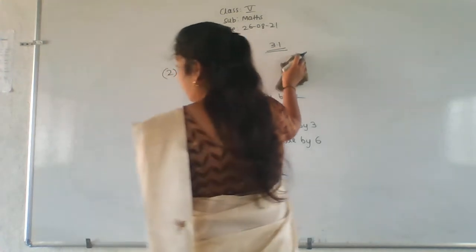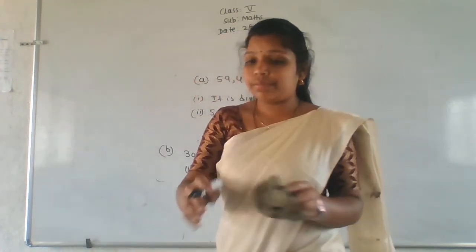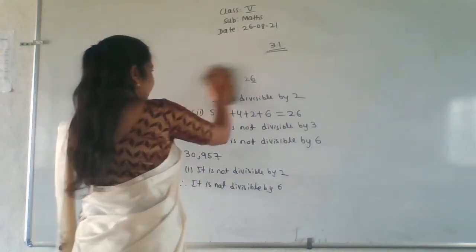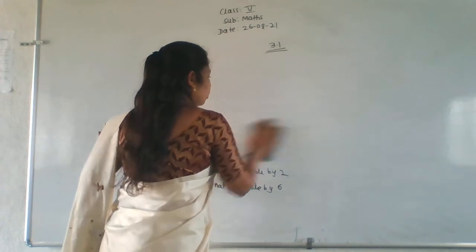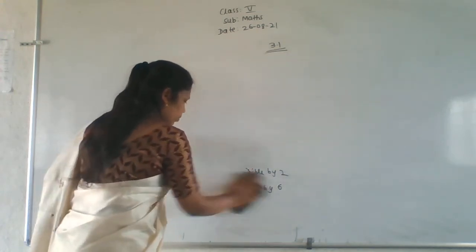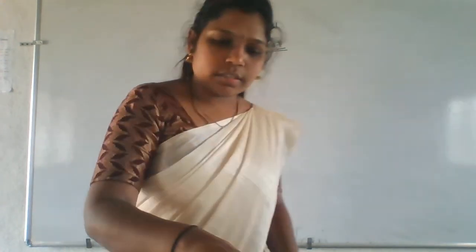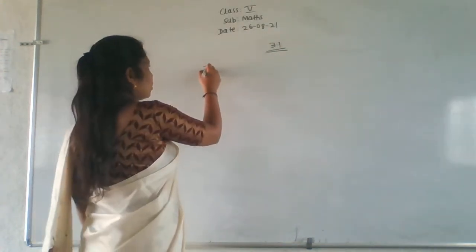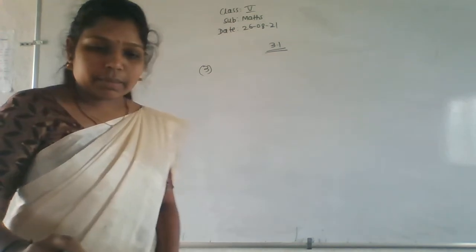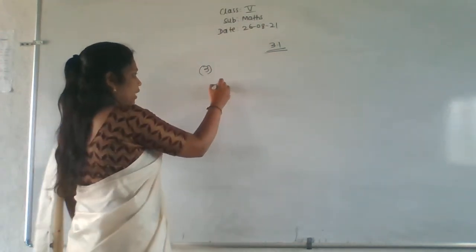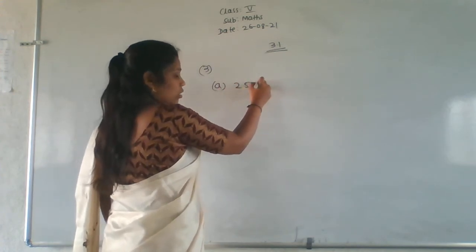So check for the divisibility of 8 here. We will start with the third main, that is divisible by 8. First one I will tell here, a-th one, 25,192.